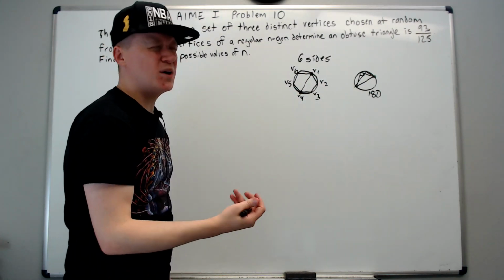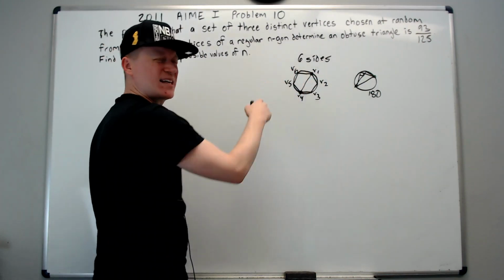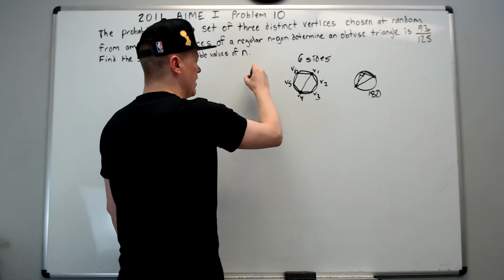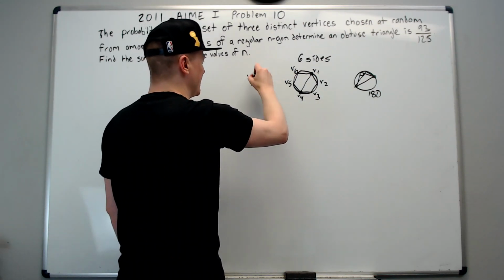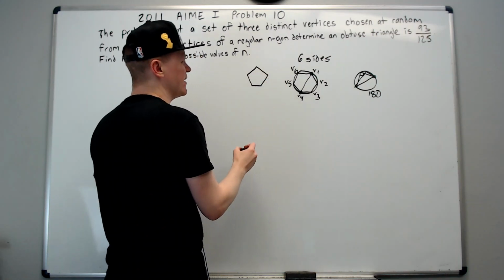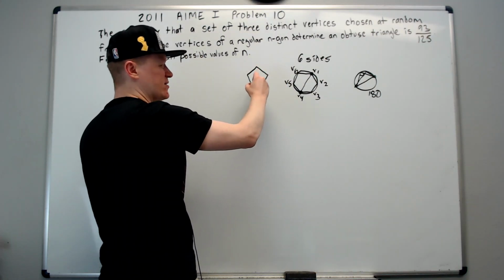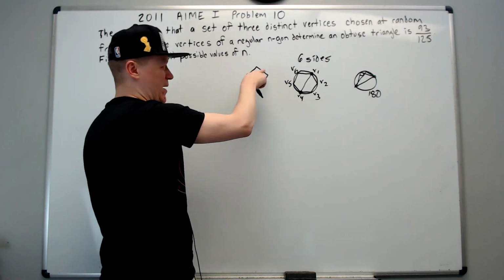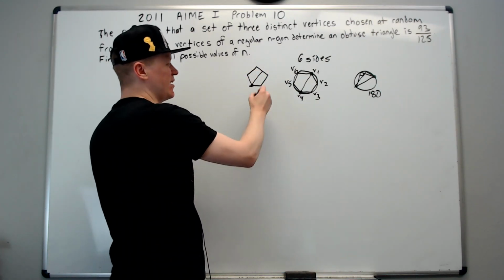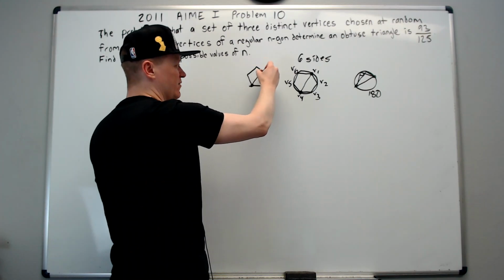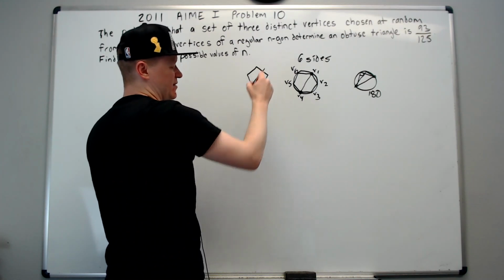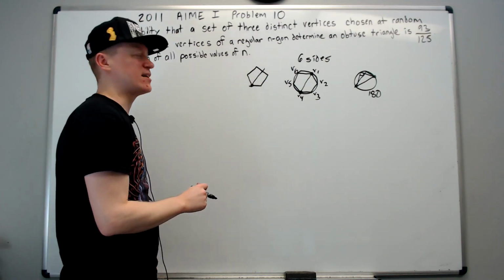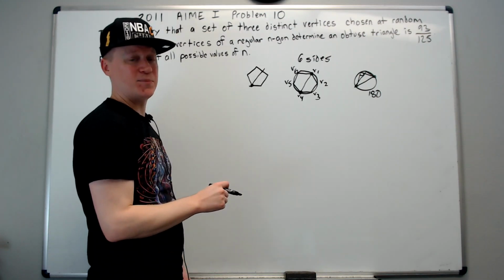Okay, but what happens if the number of sides is not an even number? Like what if I have a pentagon, something like this? I'm not going to draw the circle, to save time. I could draw the diameter from one vertex, but it would not pass through another vertex. Instead, it would pass through the midpoint of an opposite side to hit the circle over there, just outside the regular pentagon.